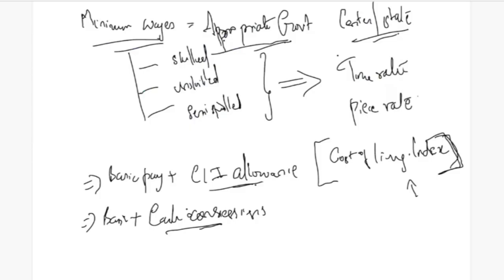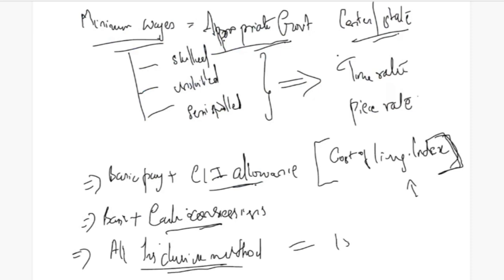The third manner in which the government will fix is the all inclusive method. All inclusive method means minimum wages is 15,000 per month. All inclusive.